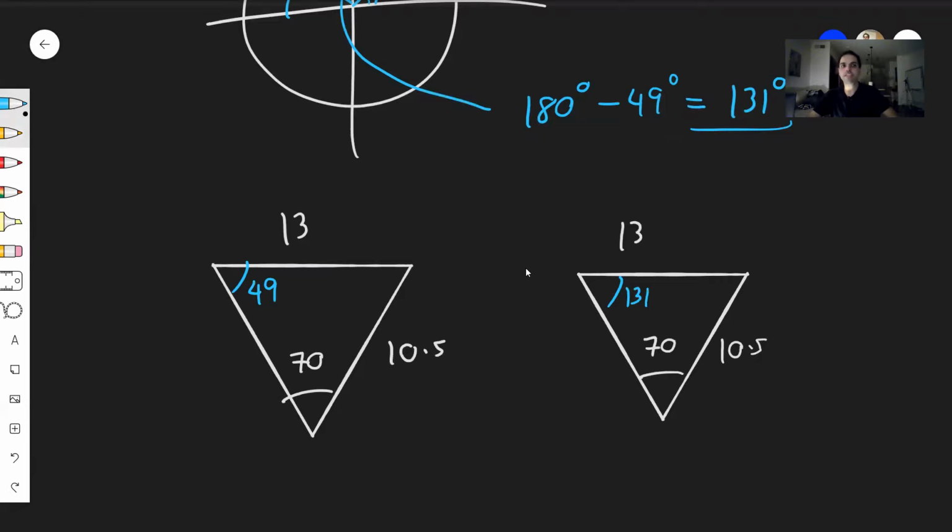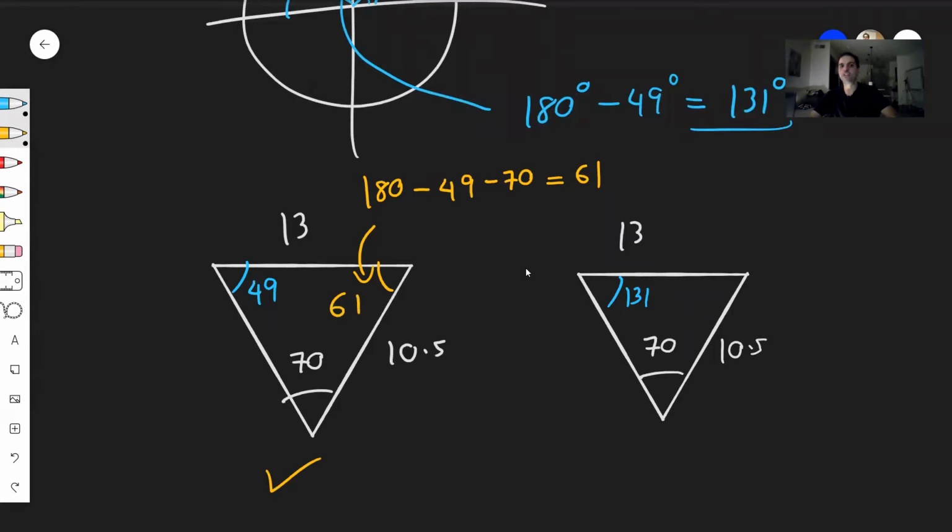And the question is, does this make sense? To check if it makes sense, you just need to calculate this last angle and see if you get an answer. Because the sum of the angles of a triangle is 180. So that's 180 minus 49 minus 70, which is 61. So this triangle actually makes sense.